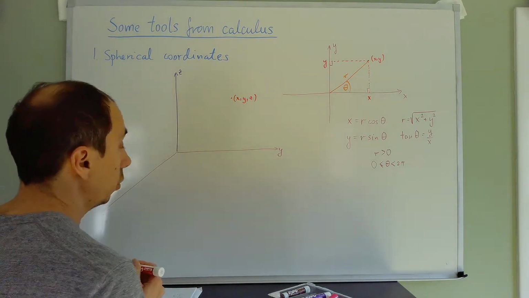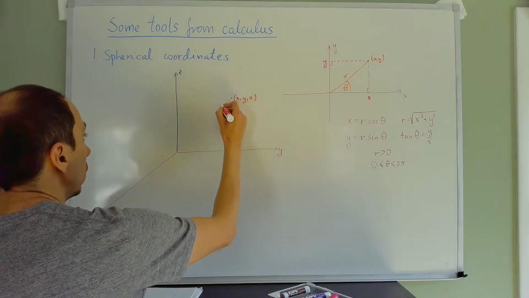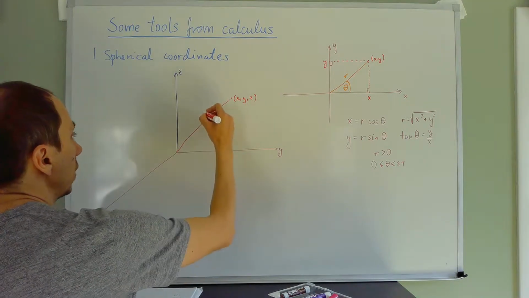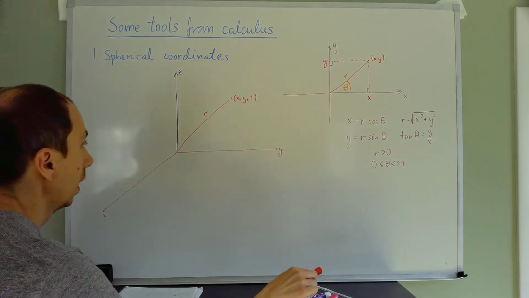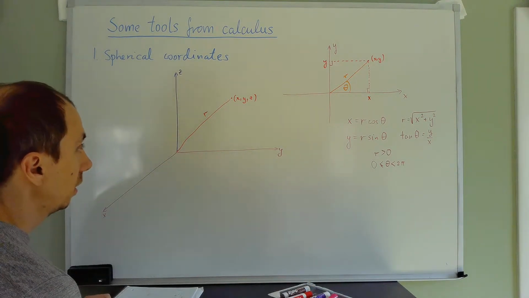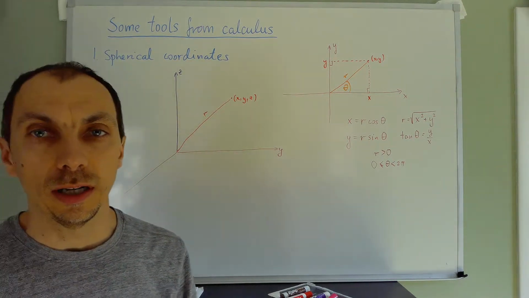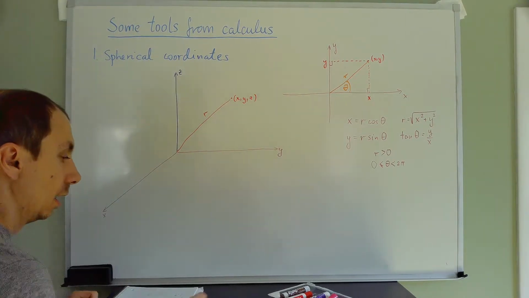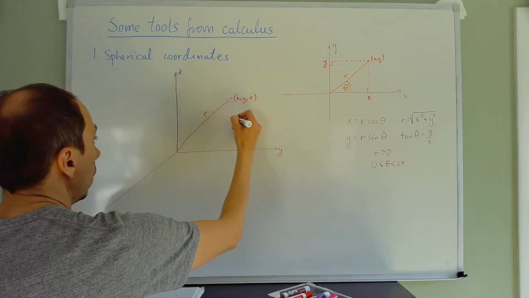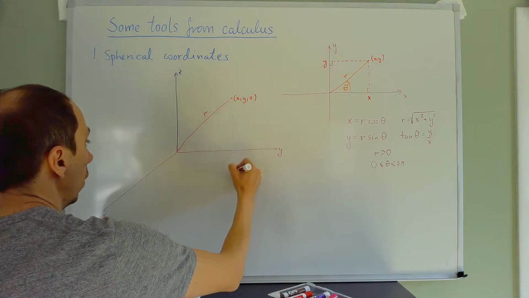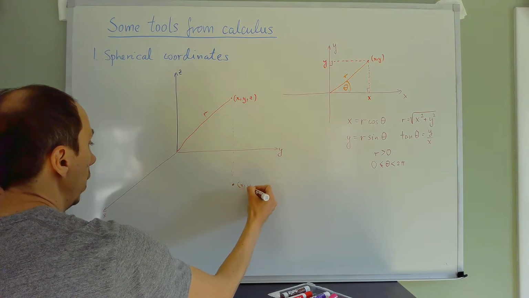So what you do is you can connect this point with the origin, and that's going to be the distance r here. And the first thing that you can do is you can project this point down onto the xy plane. If you do that, you're going to get a point on the xy plane whose coordinates are going to be x, y, and 0.